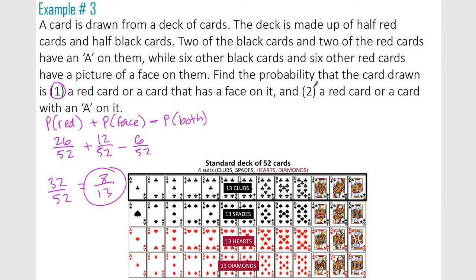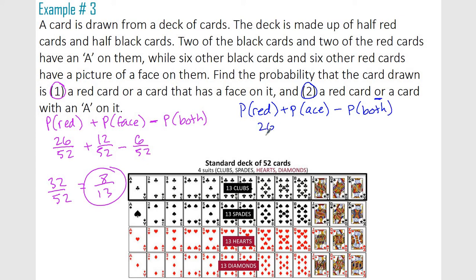The second question, we want to do a red card or a card with an A on it, so an ace. So probability of a red plus the probability of an ace minus the probability of both.